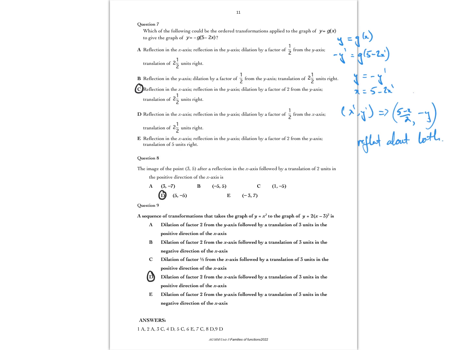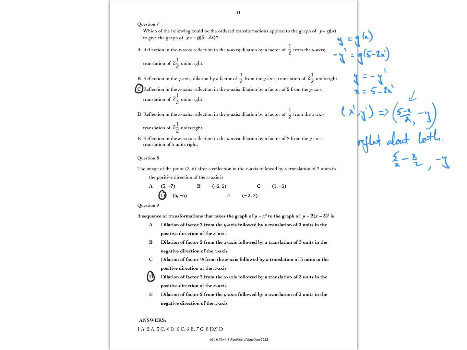And then for the x, I could either translate by 5 and then dilate, or I can write it as, since everything is written as 2.5, I'm going to think of the x coordinate as being 5 on 2 minus x on 2.